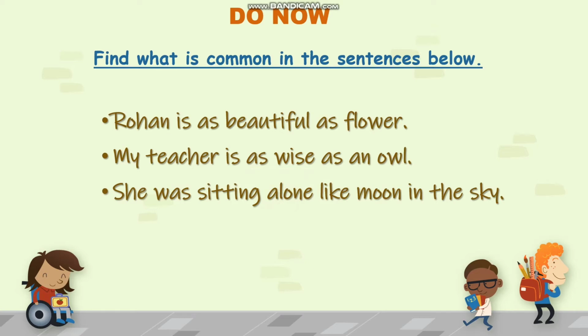In second sentence, my teacher is as wise as an owl. We are comparing what two things? Teacher and owl. Great. In third sentence, we are comparing a girl to a moon in the sky. Yes, दो चीजों का comparison हो रहा है.